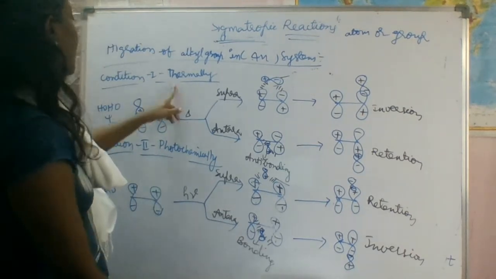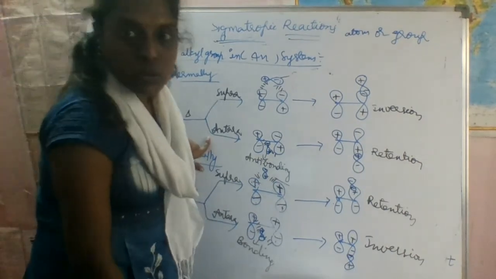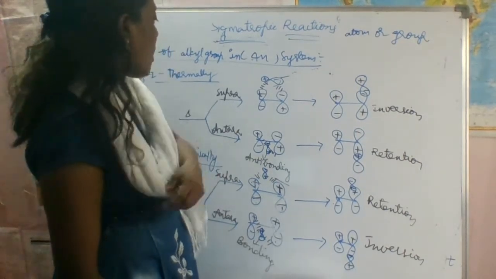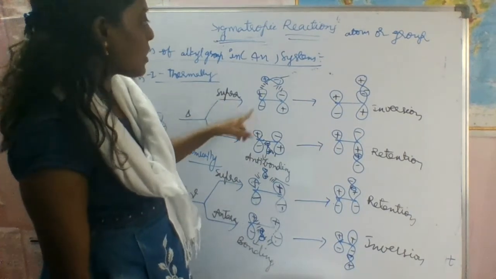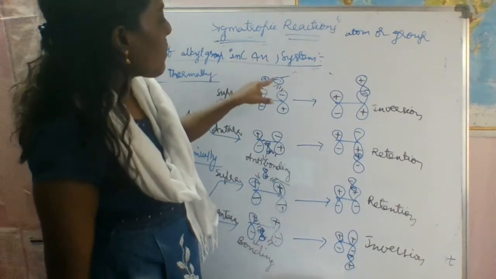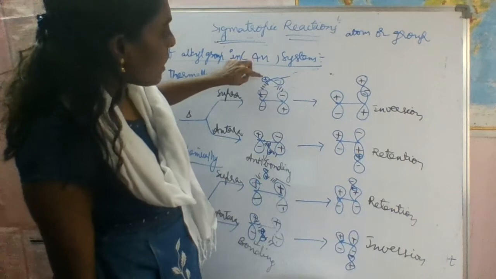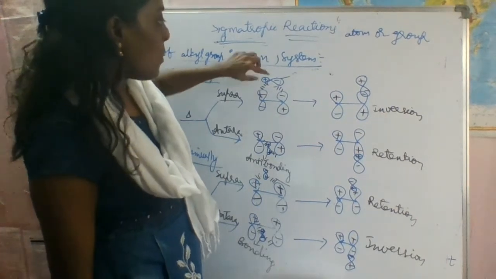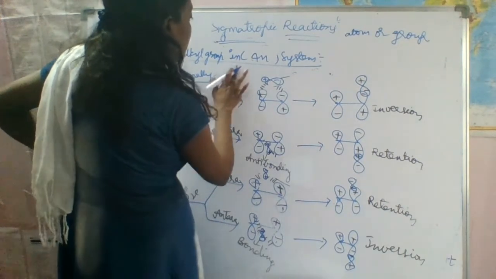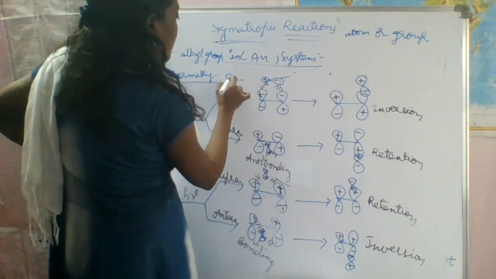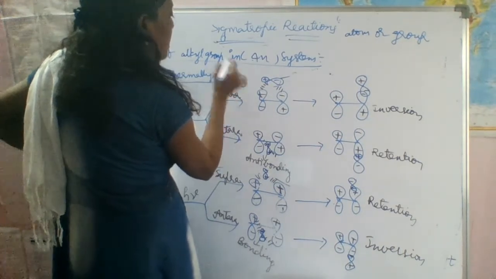Thermally, we have to take the HOMO, which is Psi2, right? For Psi2 is the HOMO. And if it approaches in a suprafacial manner, what will happen here? It will give like this, right? Here this is the group, before it will be like this, plus and minus.